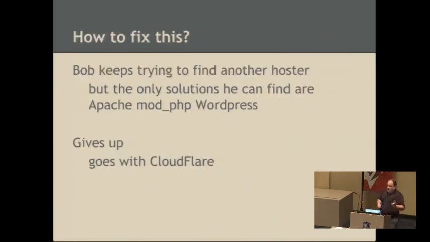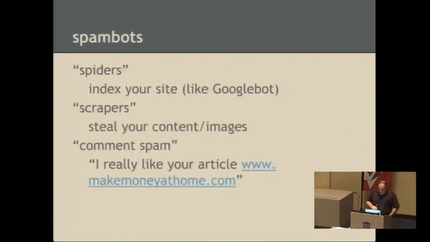So they just try to solve the problem by looking for another hosting site, but it has the same architecture. It's the same VPS, virtual hosting, the same Apache, the same mod_php, the same WordPress. So they give up and then go with Cloudflare, who put something in front of their website, essentially, to mitigate the problem. And here's what the problem is. It's spiders, indexers like Google itself, or other indexers looking for other stuff, like trying to scrape email addresses off of websites for spam.